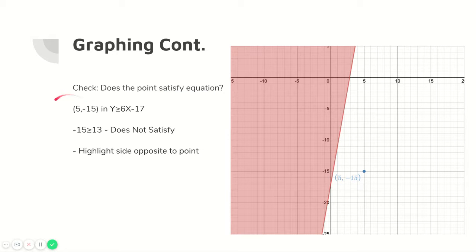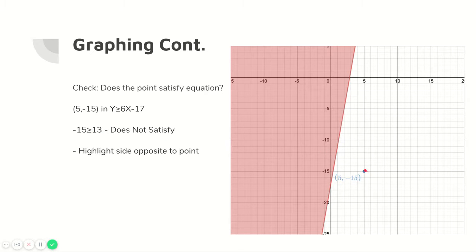So then we would sub in (5, negative 15) into this equation. And after some simple math, we find that we would get negative 15 is bigger than or equal to 13 in this case, which obviously does not work and doesn't make sense.